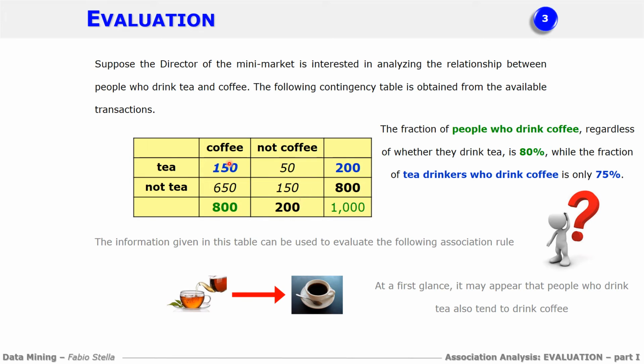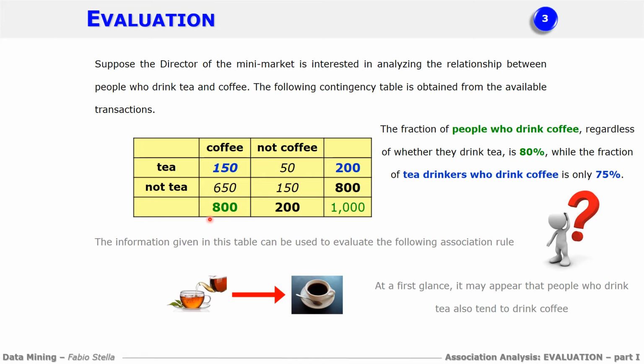obtained by further analyzing the content of the contingency table. In particular, from this contingency table, we can conclude that the fraction of people who drink coffee, regardless of whether they drink tea, is equal to 80%.